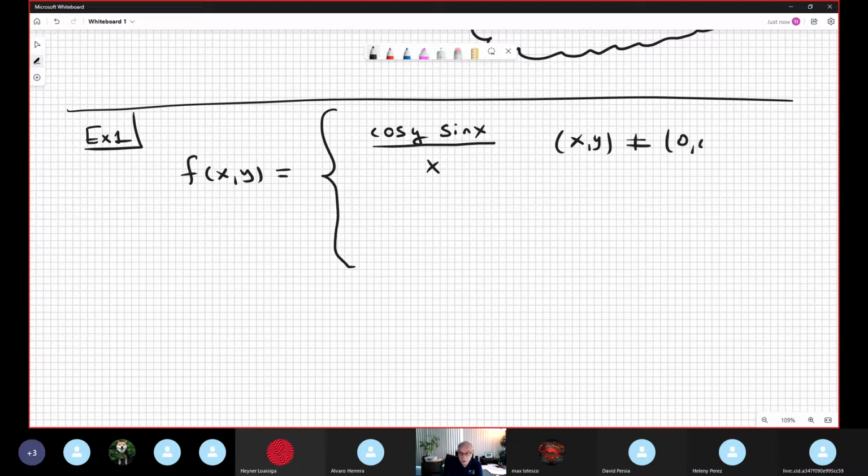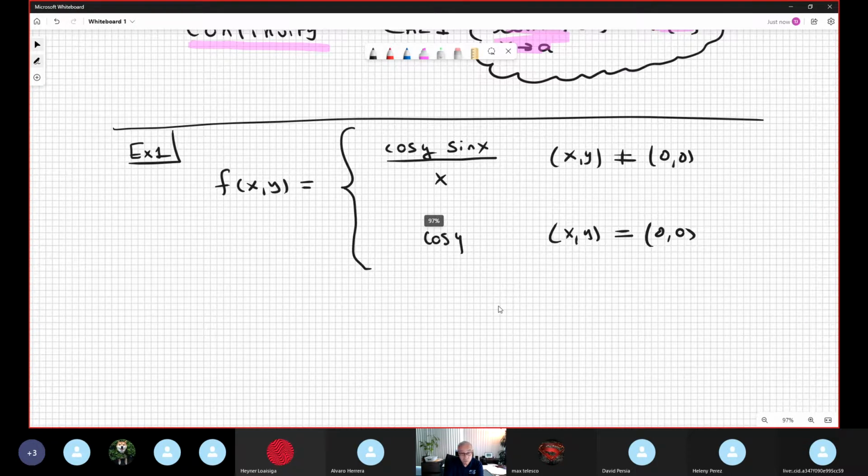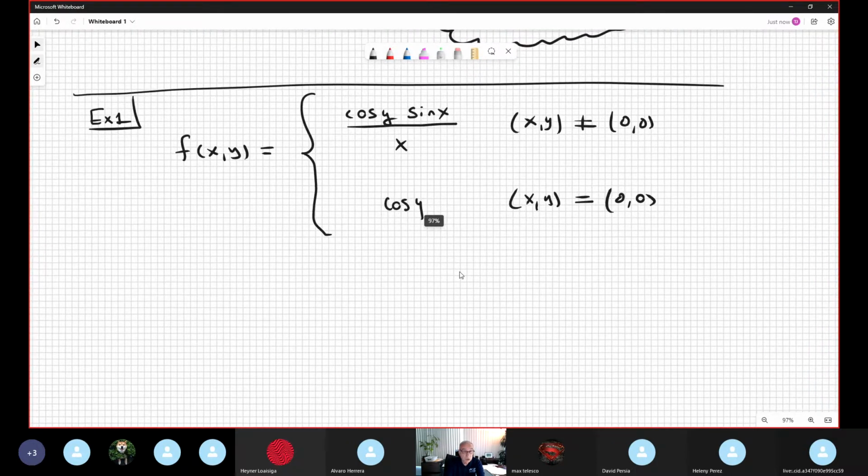And cosine y only if x comma y is exactly the origin. This is a piecewise function, and you must prove somehow whether it is a continuous function or discontinuous, which is another possibility.